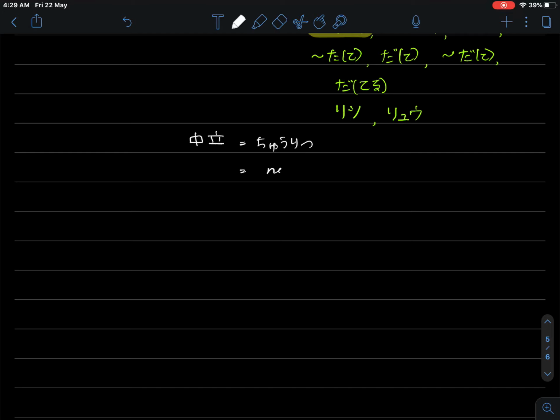So it means neutrality. The kunyomi, of course, is written like this and read as tatsu. And if it comes with teru instead of tsu, you're going to read it as tateru. Pretty obvious.